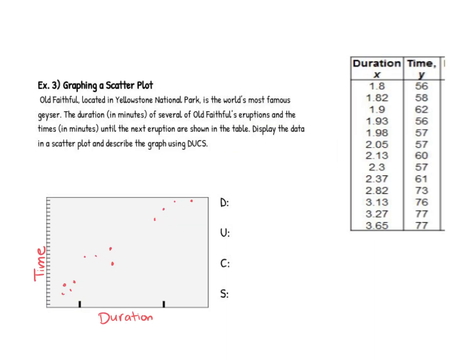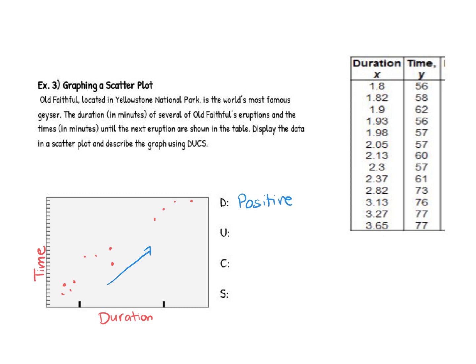Okay, hopefully you got a chance to try that scatter plot. Again, you follow those same steps of Stat, Edit, x in L1, y in L2. Make sure Plot 1 is selected, Zoom 9. And this should be kind of what your scatter plot looks like. So again, our direction, we're moving in that positive.